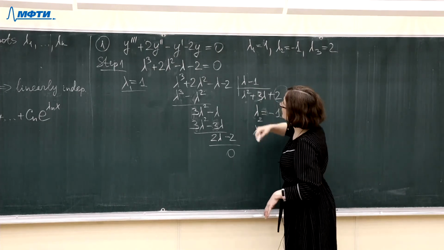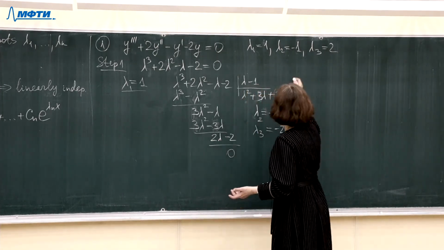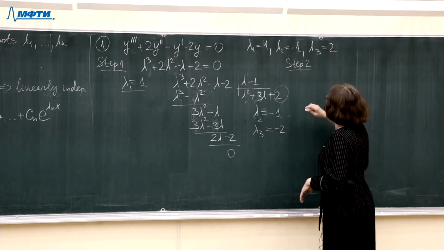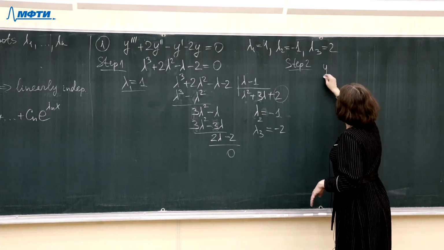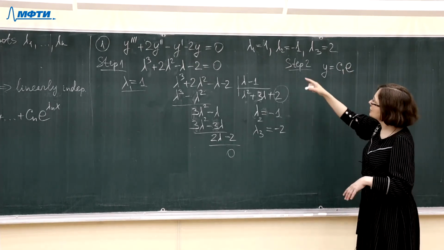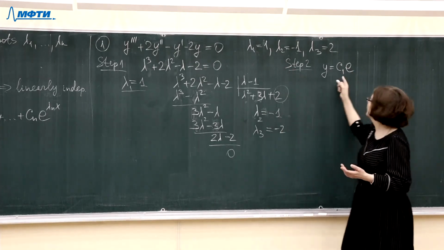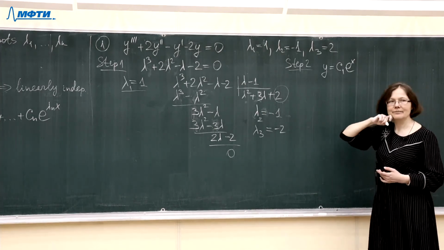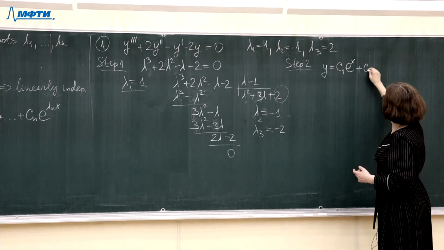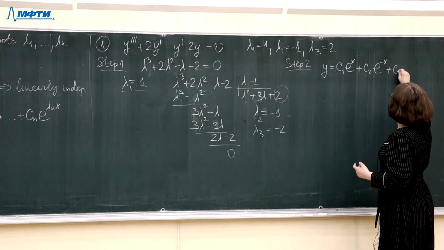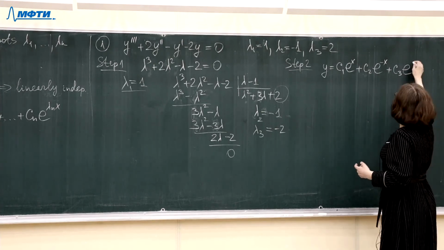And now step number 2 is to write the answer. y equals C1 times e to the power x, since we substitute 1 for lambda 1, plus C2 e to the power negative x plus C3 e to the power negative 2x.